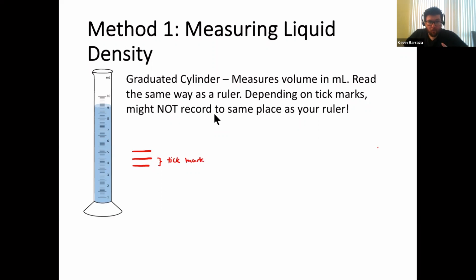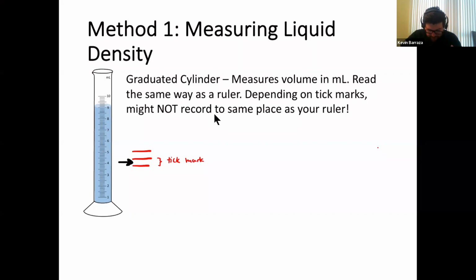And we can always go 1 decimal place more than the tick mark, because we can always estimate the little space in between the tick marks. We can't always assume it's the same every time, because different instruments will have different spacing of the tick marks. One might be counting the ones place, the other might be counting the first decimal place, 0.1, 0.2, 0.3, 0.4. So we have to look at the tick marks and figure that out.